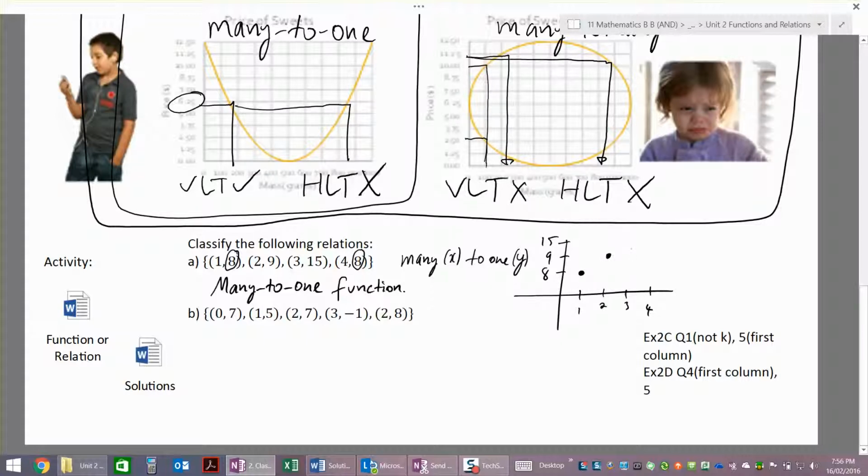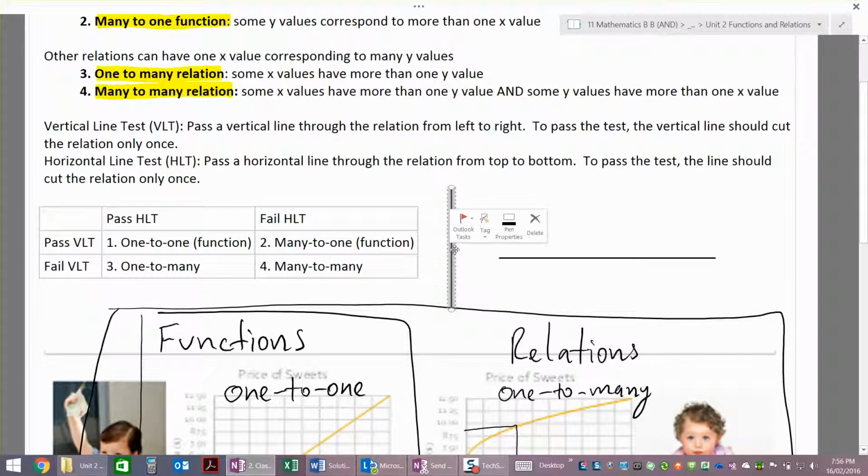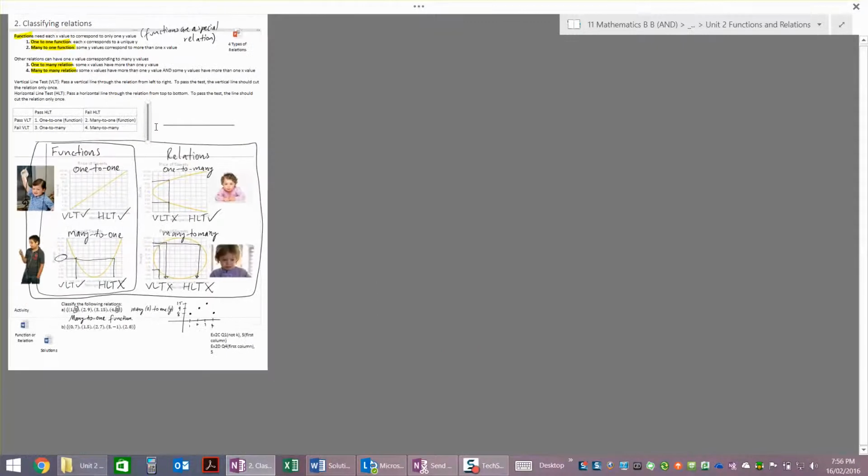We've only got these points. Okay, so if I have my vertical and horizontal lines, which are getting a bit too far away, shouldn't have put them back in their box.